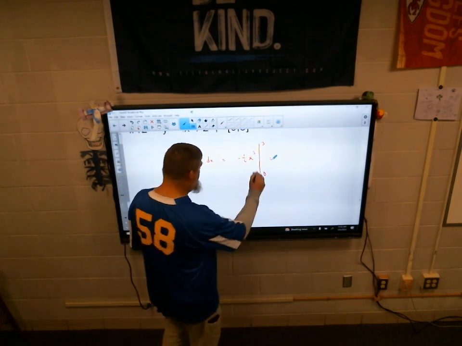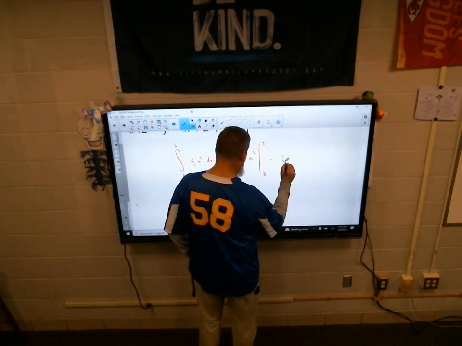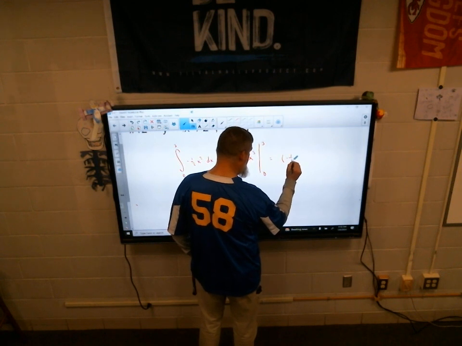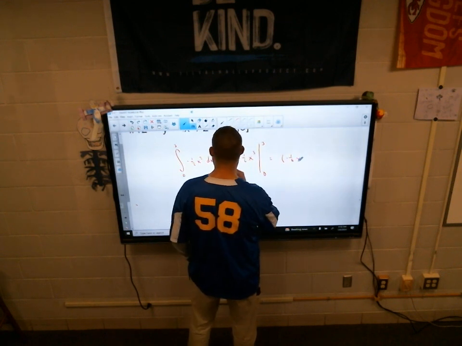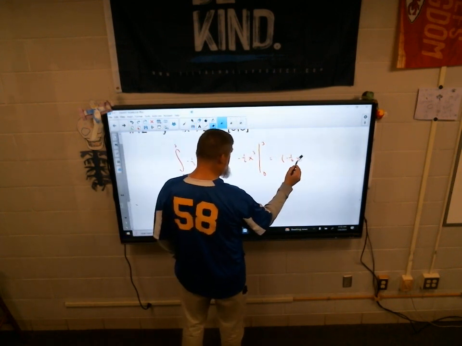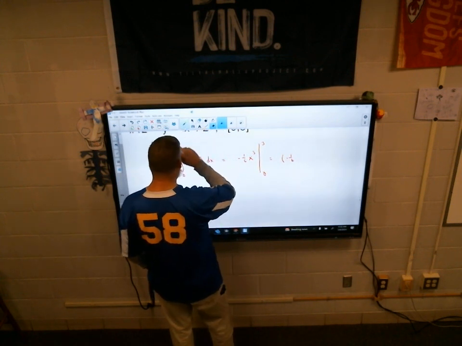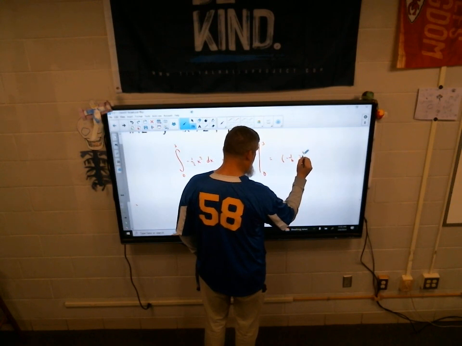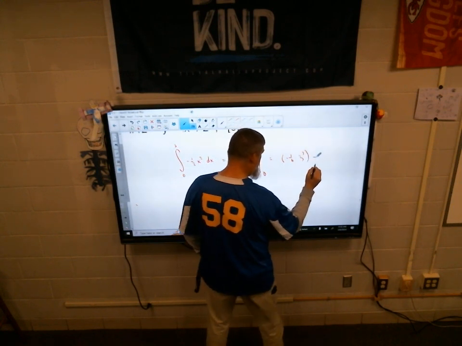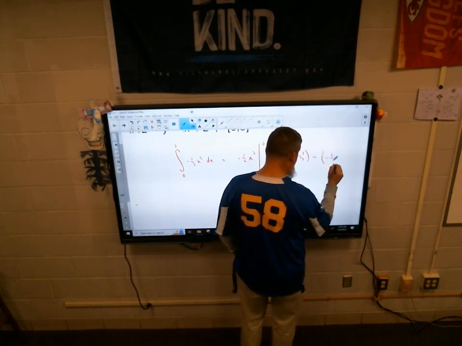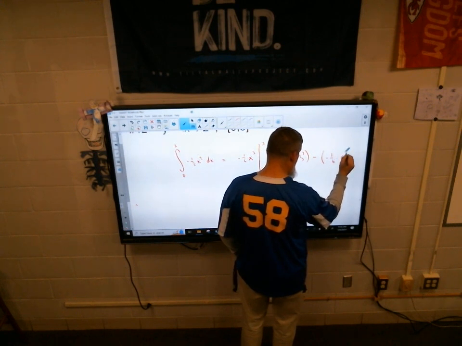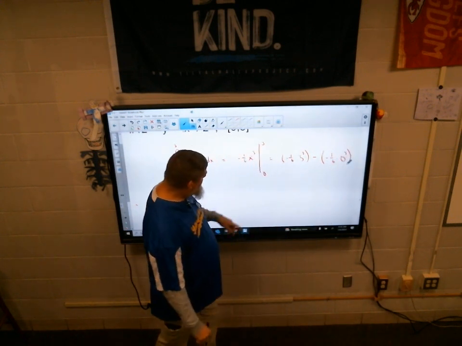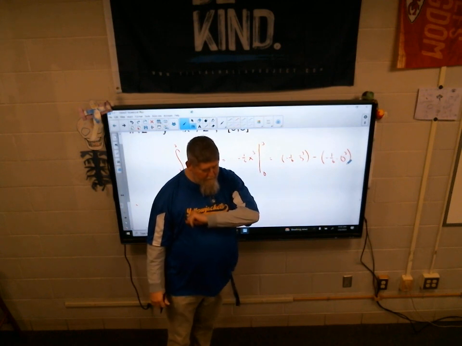So I'm going to put in the top first. I have negative 1/6 times x, and x is 3, so negative 1/6 times 3 to the third power minus negative 1/6 times 0 to the third power. We do the top minus the bottom.